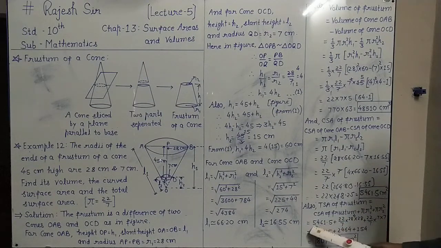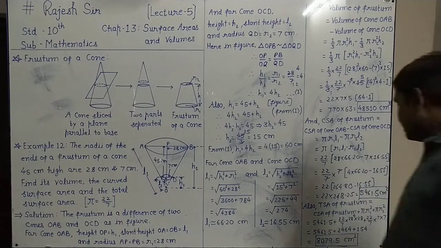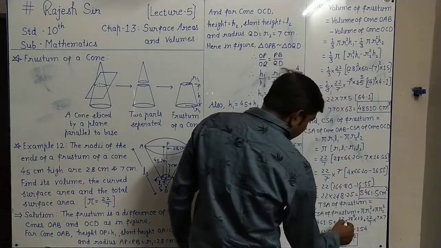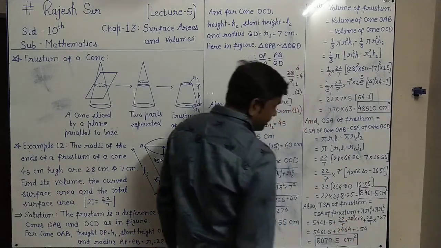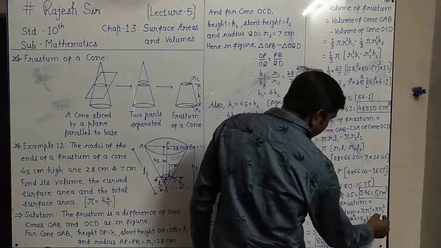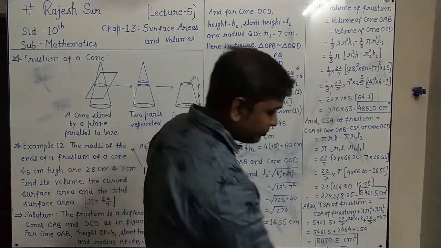Now place all the values. CSA of frustum we have here 5461.5 plus pi r1 square, place value pi is 22/7 into r1 is 28, square is 28 into 28 plus pi is 22/7 again, r2 is 7, its square is 7 into 7. Now simplify this. We can cancel by 7 4s are 28, and this 1 7 will be cancelled with the 1 7 up and down.